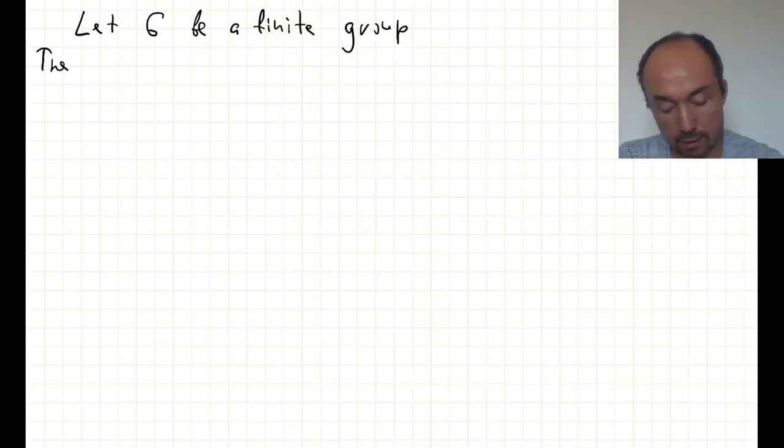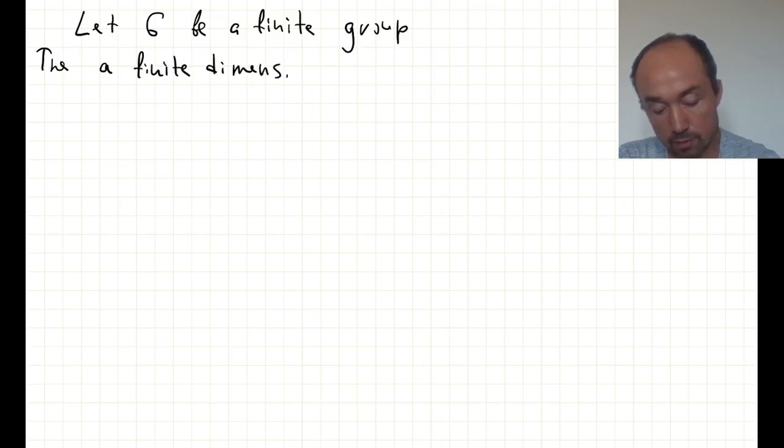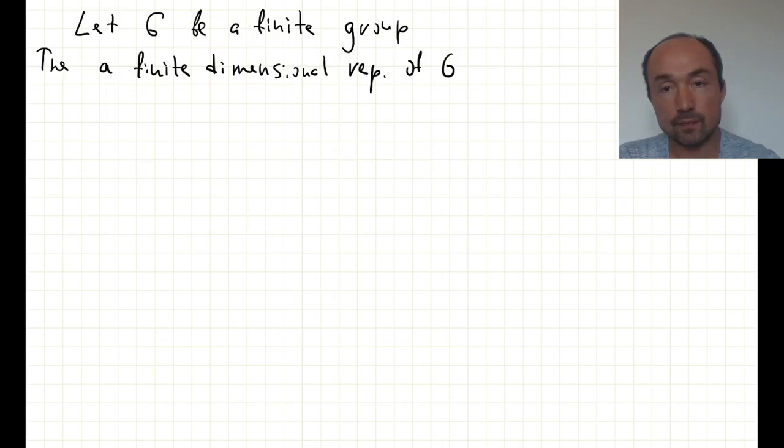then a finite dimensional representation of G is a homomorphism.